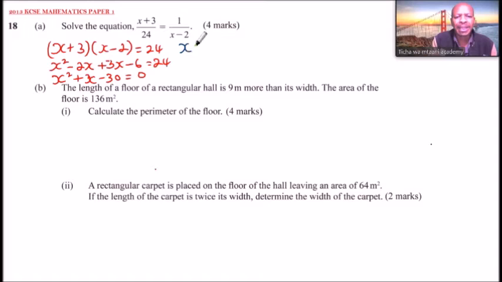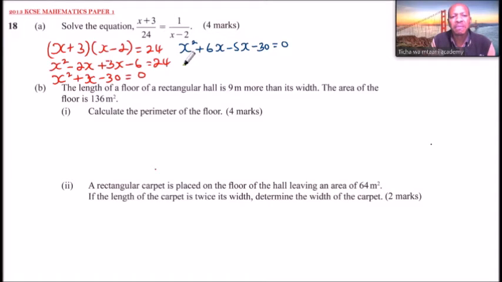We can rewrite the equation as x squared plus 6x minus 5x minus 30 is equal to 0. You look for two numbers such that when you add them, you get 1. That is 6 plus minus 5 is 1, and 6 times minus 5 is minus 30.